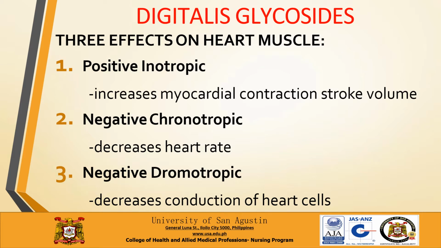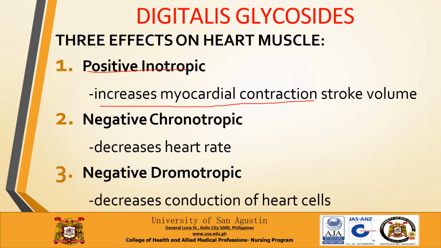Your digitalis glycosides have three effects on the heart muscle: a positive inotropic effect, a negative chronotropic effect, and a negative dromotropic effect. A positive inotropic effect increases myocardial contraction.